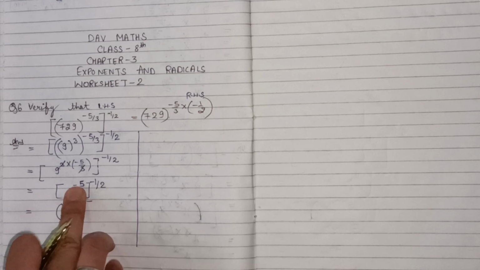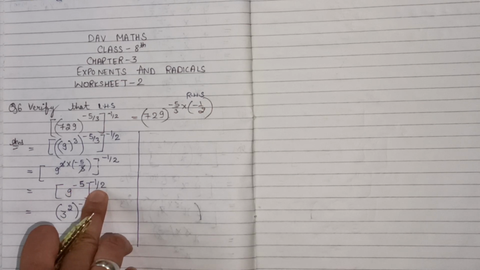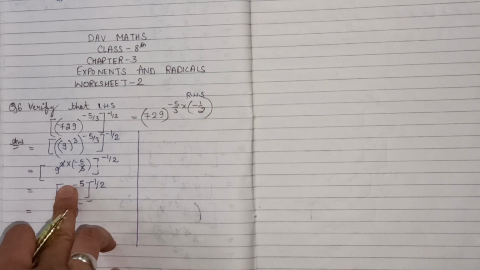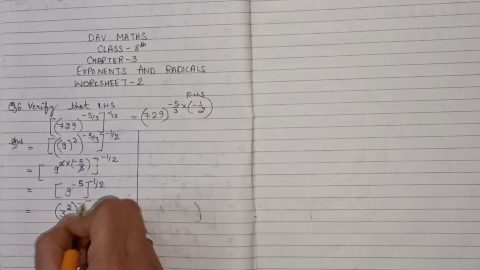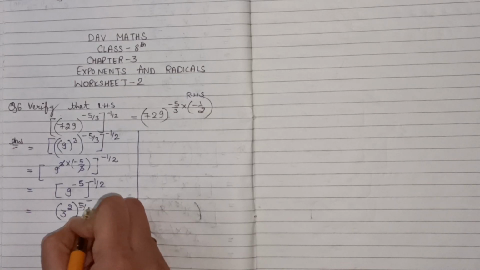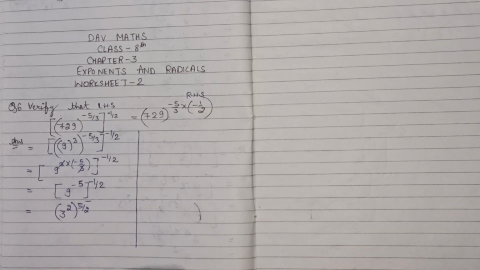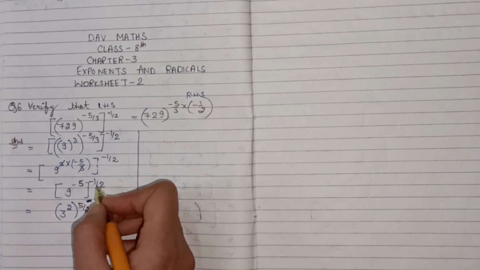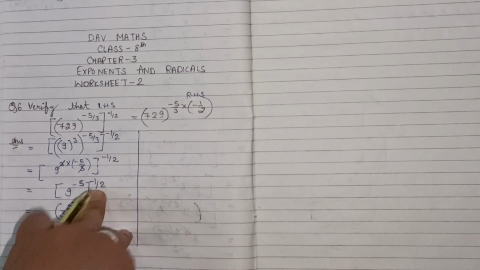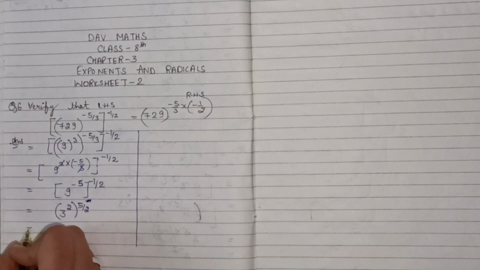Now here -5 multiplied by -1/2. Minus cancels this minus and it becomes 5/2 here. When we multiply both these, it becomes 5/2.